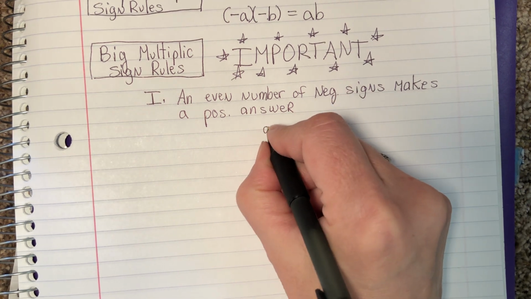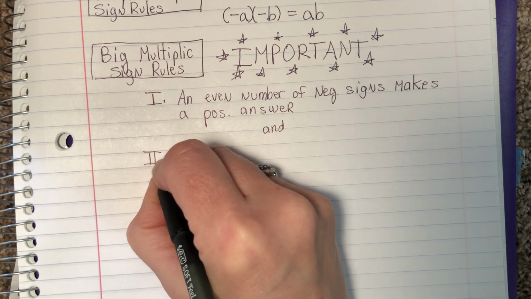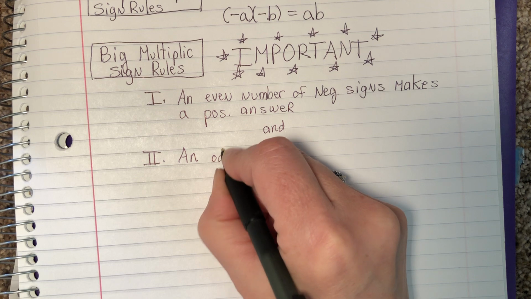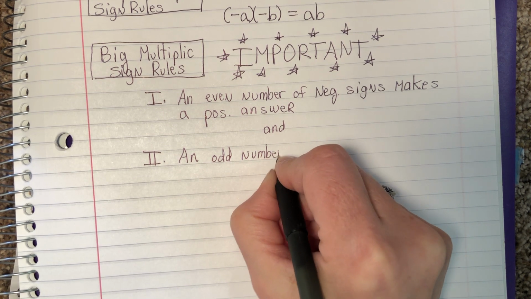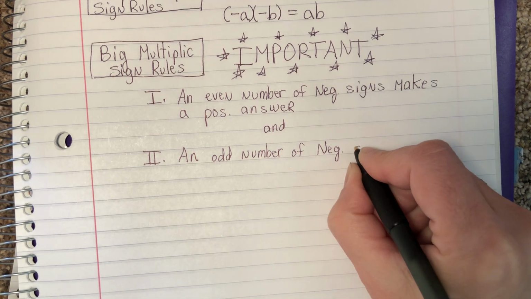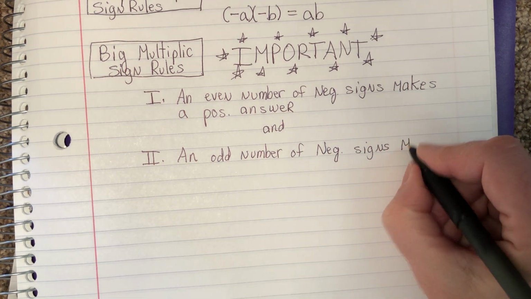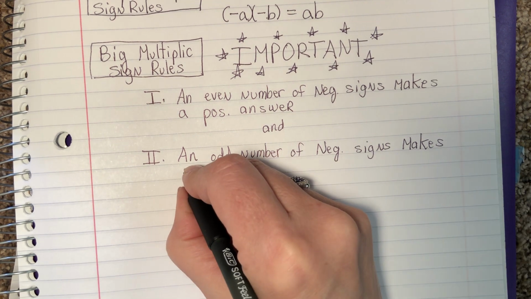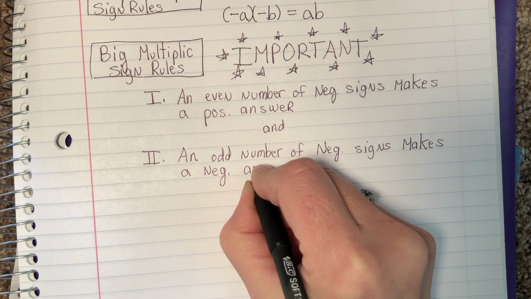And part two, an odd number of negative signs makes, as you guessed, a negative answer.